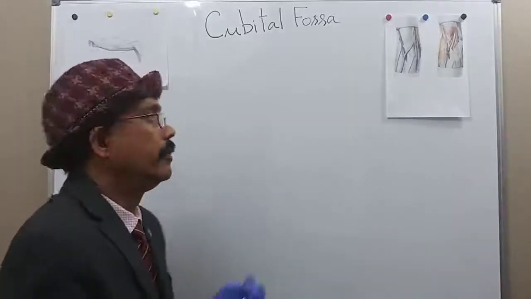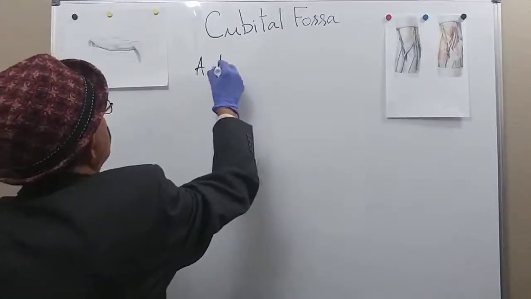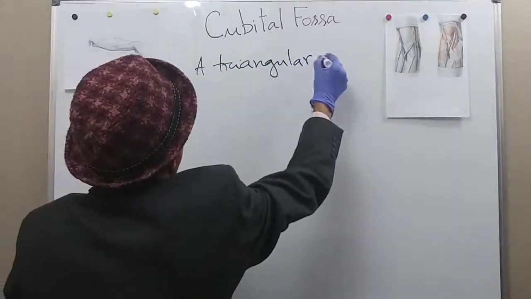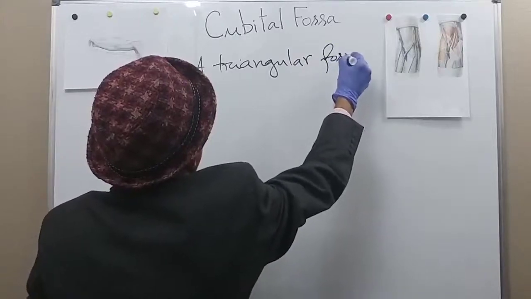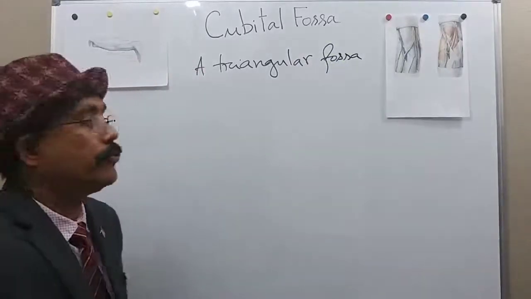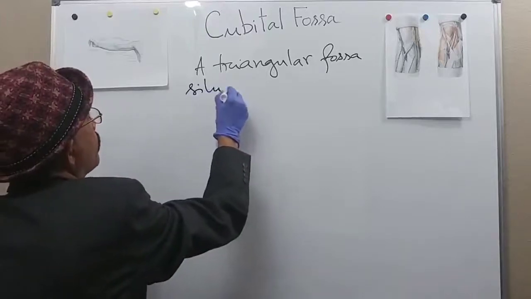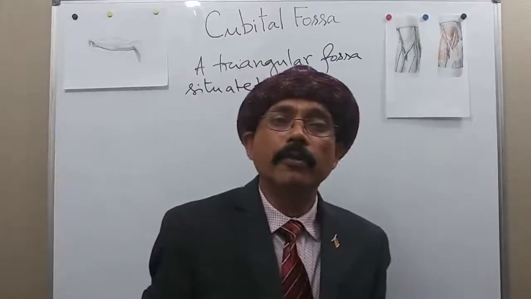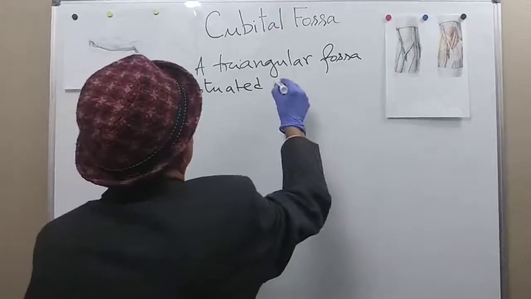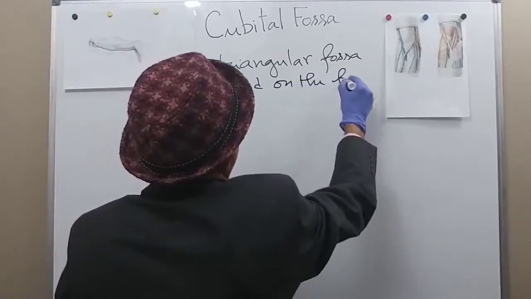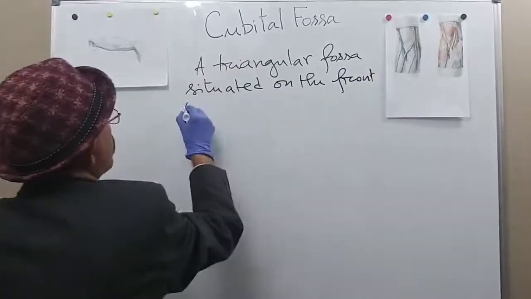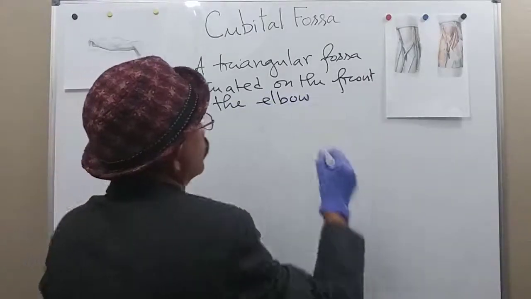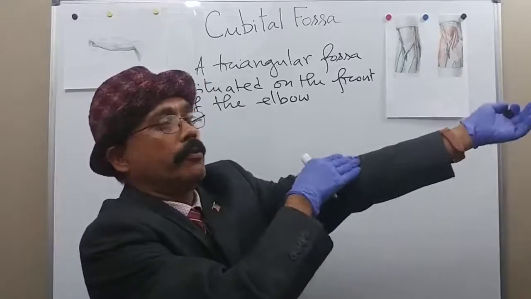Okay, so this is a triangular fossa situated on the front of the elbow. So it should be here on the front of the elbow.